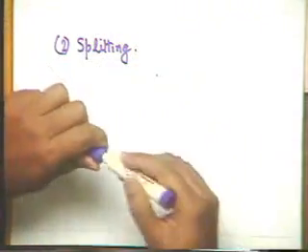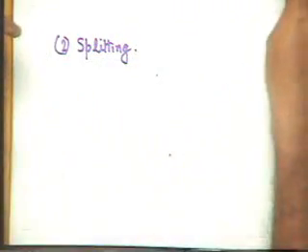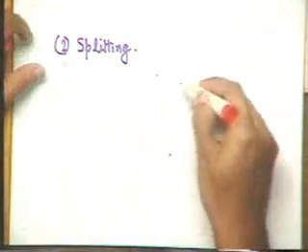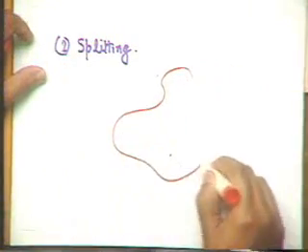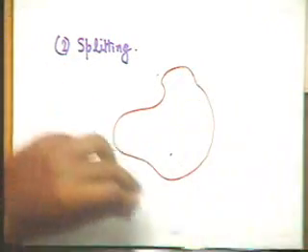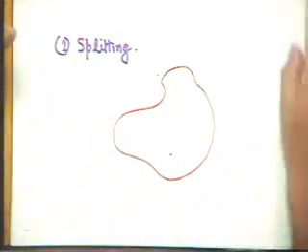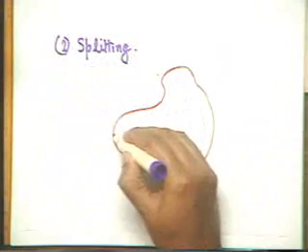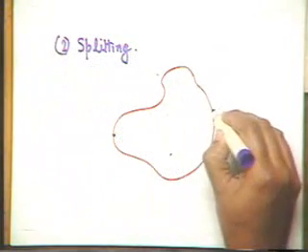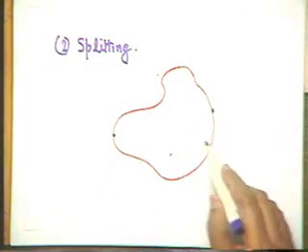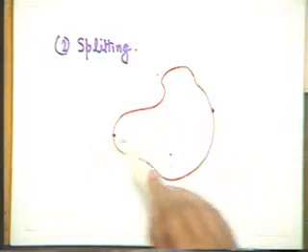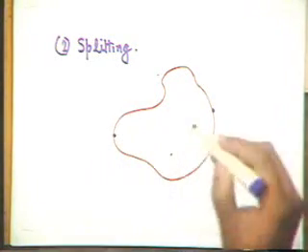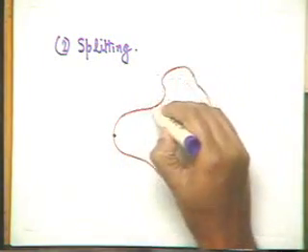In the splitting approach, supposing this is the boundary of an object, we take longer segments.